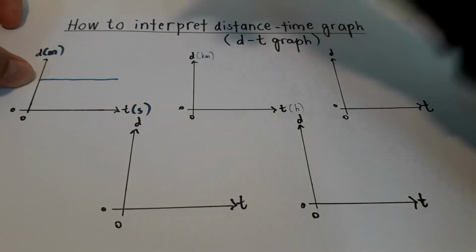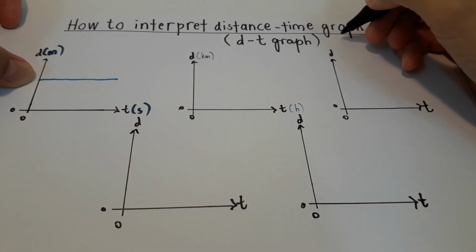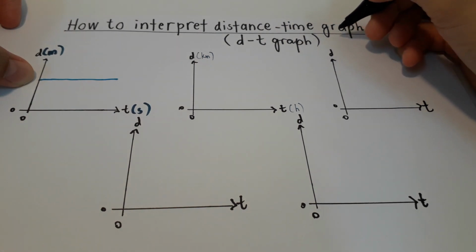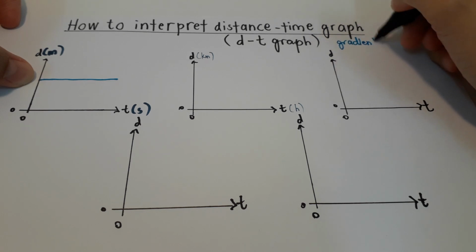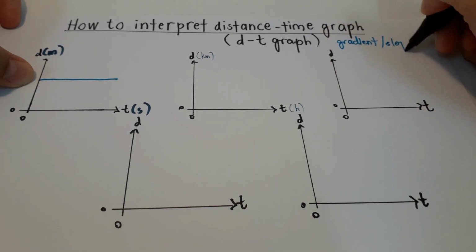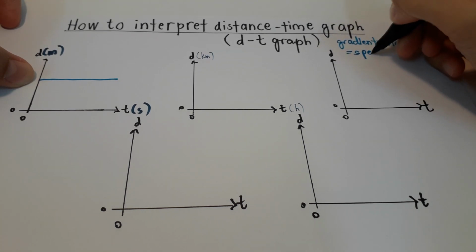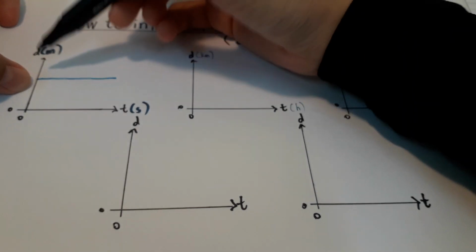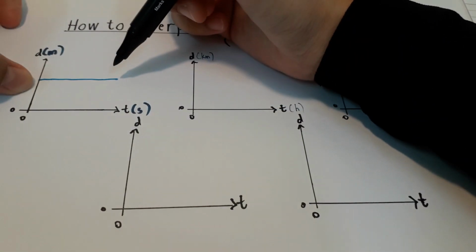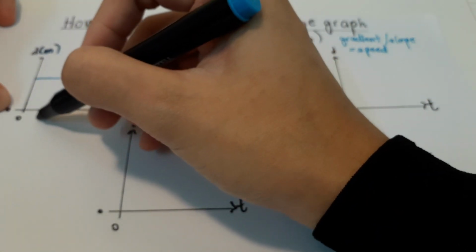Basically, from the slope or gradient of a DT graph, we can obtain the speed of an object. So gradient or slope, we can obtain the speed of the object. If we look at this horizontal straight line, we can say that the gradient is equal to 0.